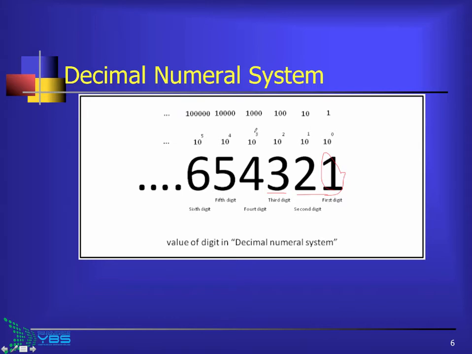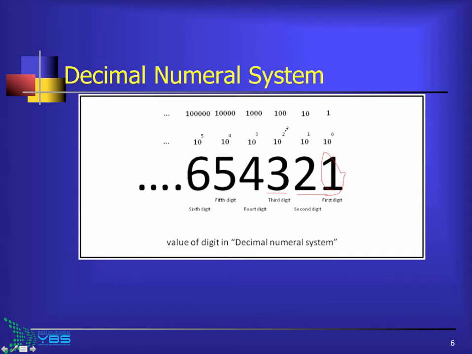The second digit is 10 power 1 multiplied by the digit. 10 power 0 multiplied by 1 means 1. If it's 10 power 1, it means 10.